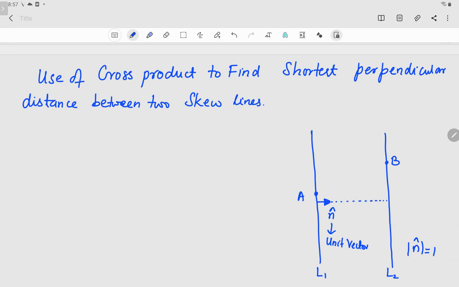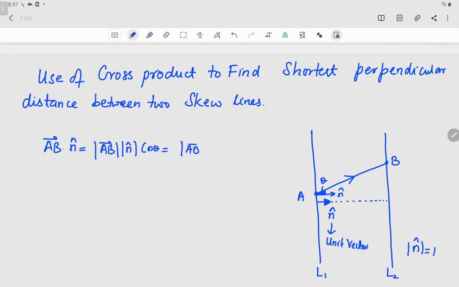Okay. Now this is vector AB. I calculate AB dot n, the unit vector. And if I shift this unit vector n like this, and this is an angle theta over here, then AB magnitude, n magnitude, is equal to cos theta.